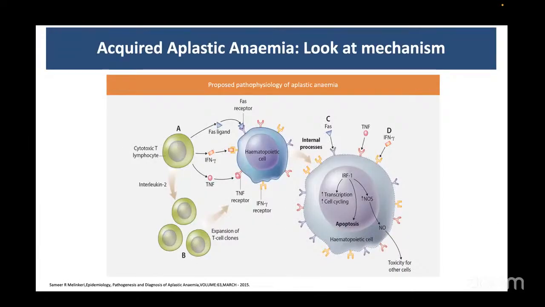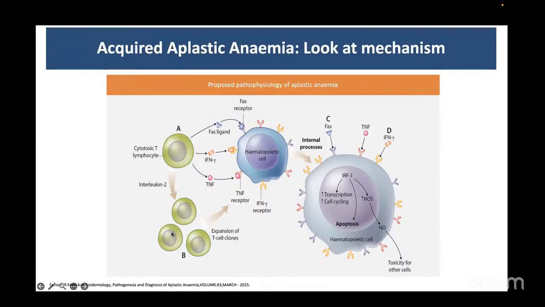So acquired aplastic anemia is one of the most common entities that we come across. Being an adult hematologist, we seldom come across inherited causes of aplastic anemia with later presentations in adulthood. Here we can see a cytotoxic T lymphocyte and a hematopoietic stem cell. It has multiple receptors on its surface, and this cytotoxic T lymphocyte can secrete interleukin 2.